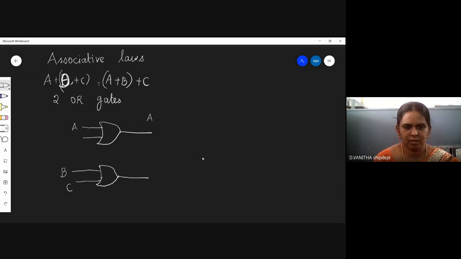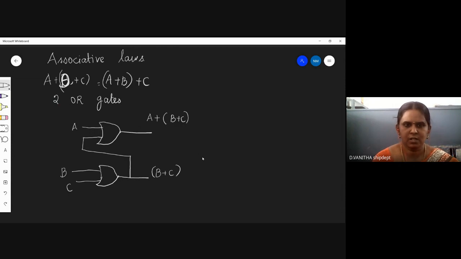Here this will be B plus C. Then A and B plus C have to be taken here. From this you have to take the output of the second OR gate. So now we are getting A plus B plus C. This will be for the left side equation.